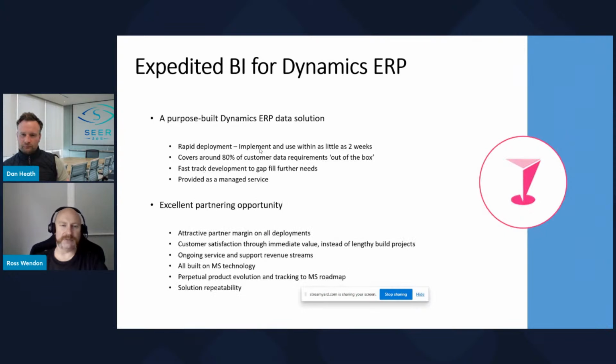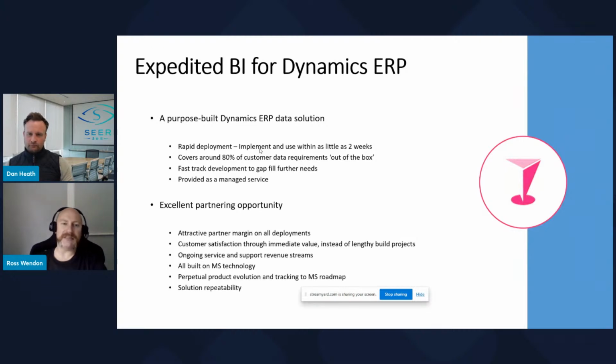We look at ourselves as an expedited BI solution, i.e. you can install Precision Point incredibly quickly, or we can do so, depending on who wants to take the bit of work. Generally, we can be installed and up and running within as little as 2 weeks. During that period, we install Precision Point as a data solution, configure it, and do a reconciliation on data, so you get real, valid data straight out of the box.